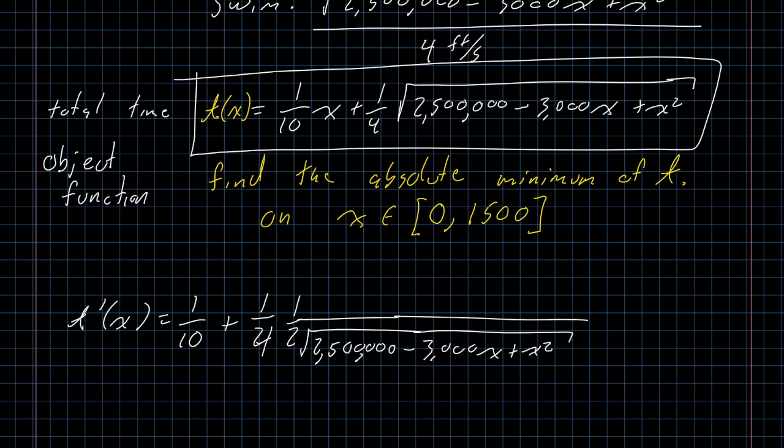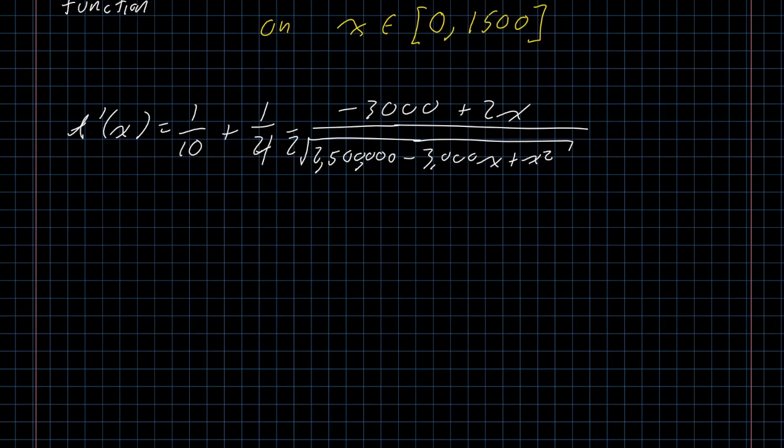Then, using the chain rule, multiply in the numerator by the derivative of all of that stuff, which will be negative 3,000 plus 2x. All right. This could be undefined at a point if I have to worry about what's going on inside that square root. So let's go off to the side here for a moment and just check that.